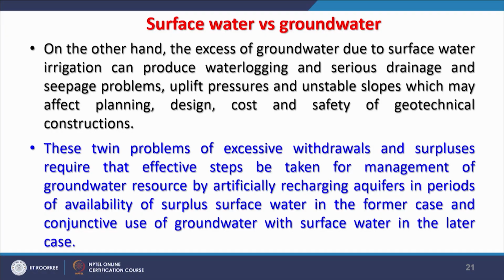So, these twin problems of excess withdrawal and surplus require effective steps for management of groundwater resources by artificial recharge to aquifers whenever we are having surplus water, and then conjunctive use of groundwater with surface water in the latter case.